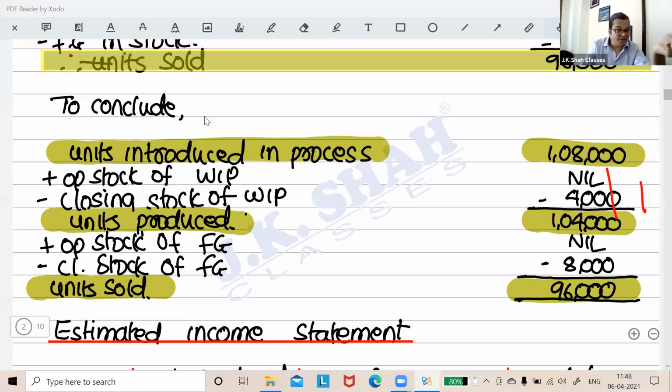Opening stock of WIP nil, newly commenced. Closing stock of WIP 4,000. So ready units should be 1,04,000. Opening stock of finished goods nil. Closing stock of finished goods 8,000. So units sold how much? 96,000. Okay, I assume that will be clear to you.